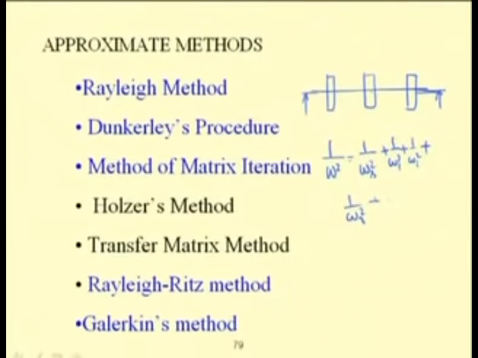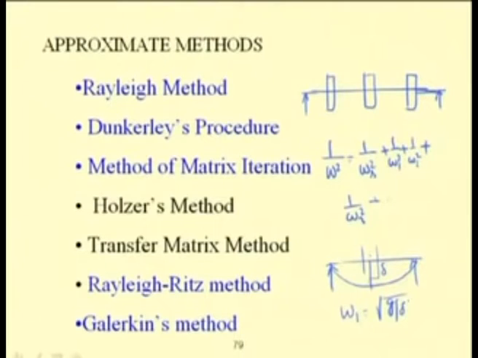To determine, for example, omega 1, one can find it this way. This is the mass. Due to this mass, one can find the deflection, let the deflection be delta. Then the natural frequency omega 1 will be equal to root over g by delta.